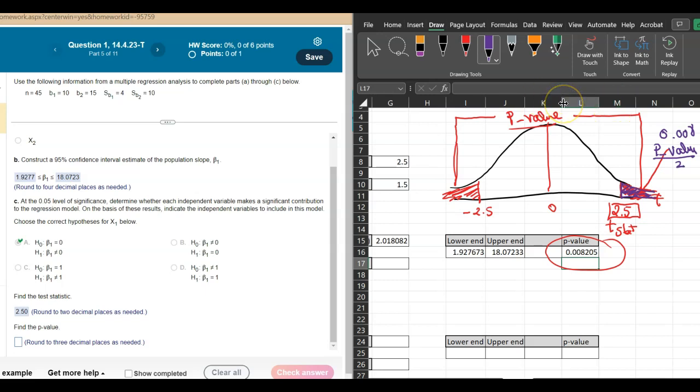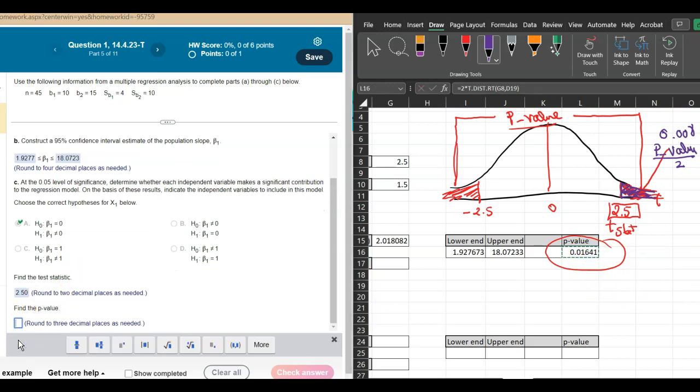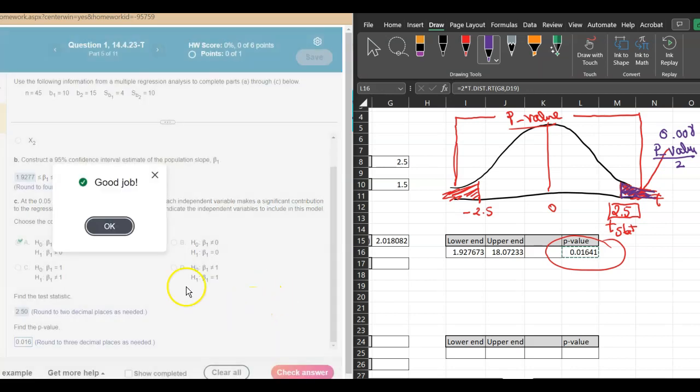Therefore, to fix it, you need to add another multiplication here, 2 times that formula, right? And that will be your p-value. So let's verify it, copy it, paste it, and round it to 3 decimal places. And let's see, and we got it.